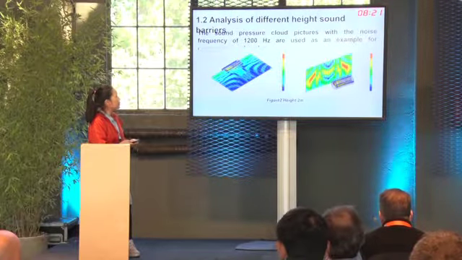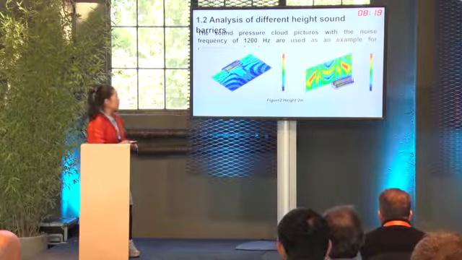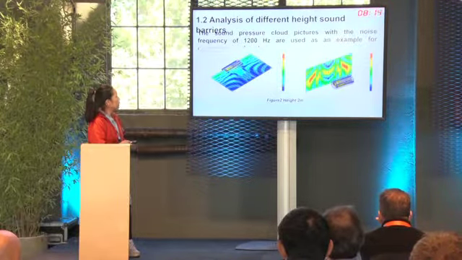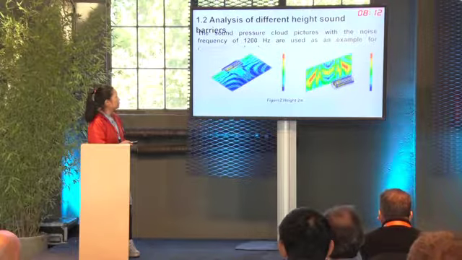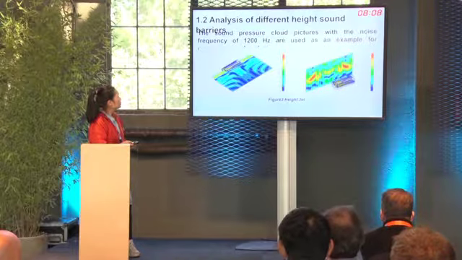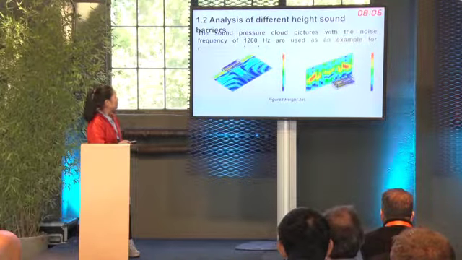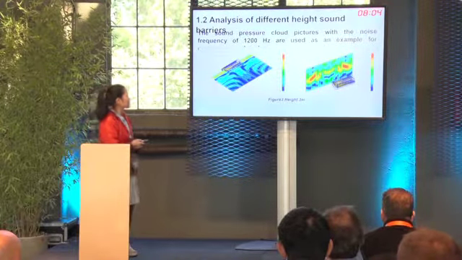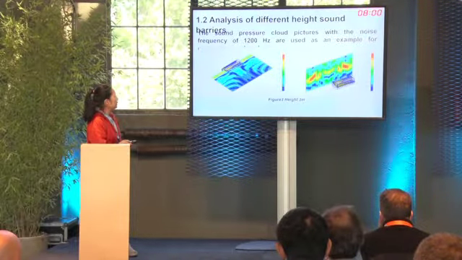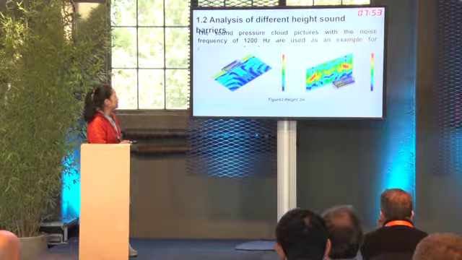And these are the pressure cloud pictures, and the frequency is 1,200. This one is 3 meters height, and the computational variable is pressure at 1,200.